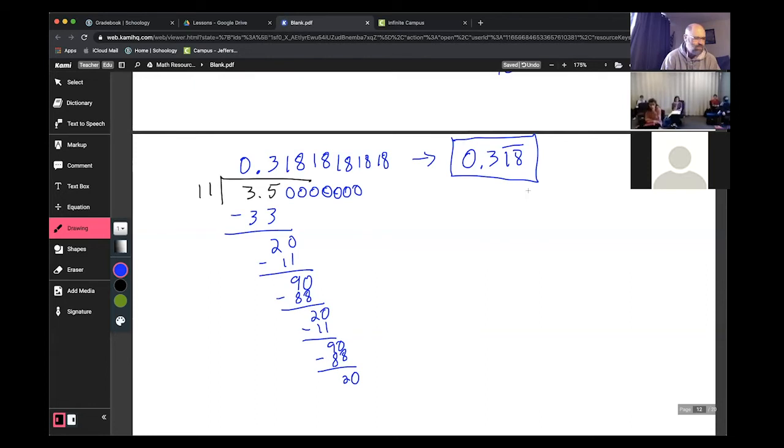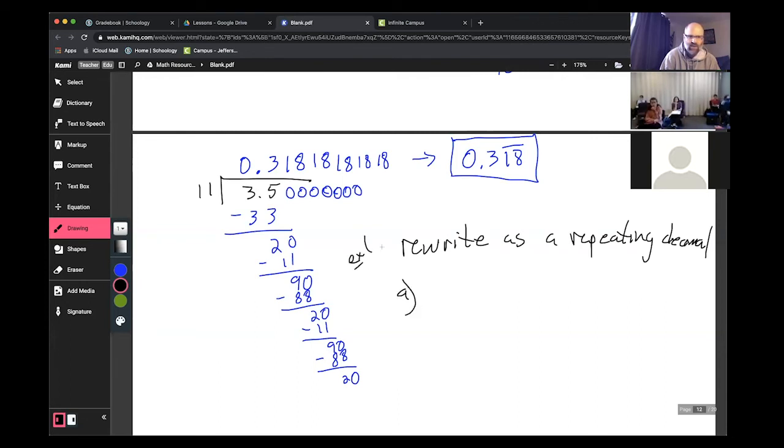All right. So here's what your homework is going to be. Your homework is going to be easy. It's going to just say rewrite as a repeating decimal. So here's A. This is example 1. I want you to rewrite this in the right way.